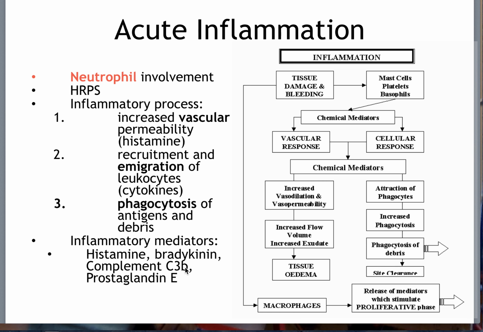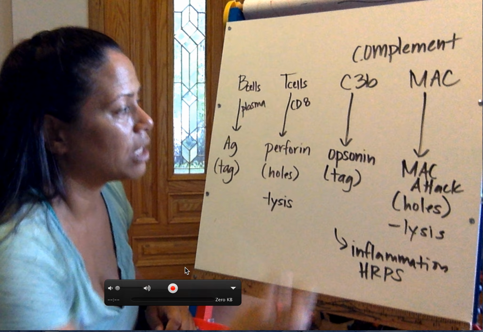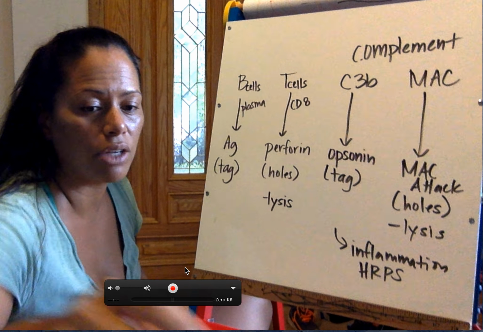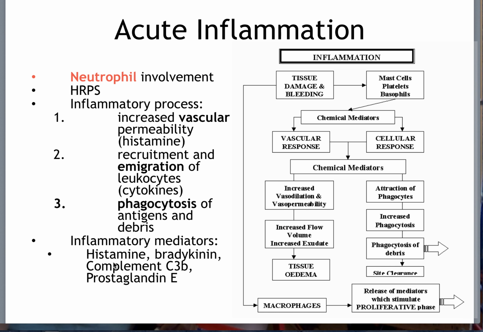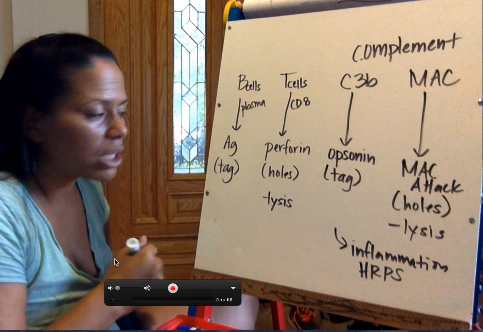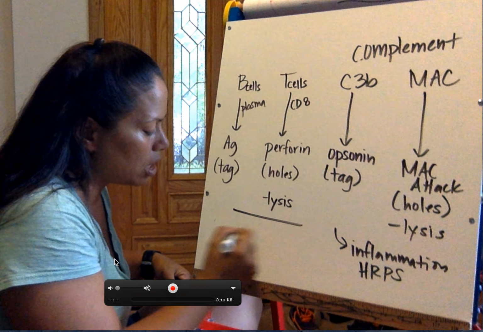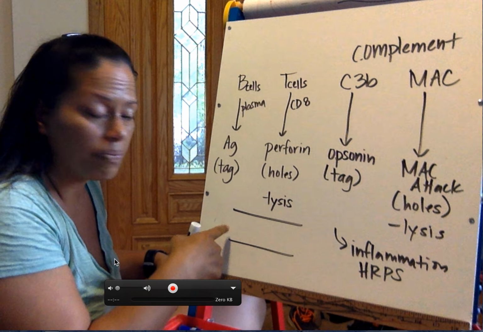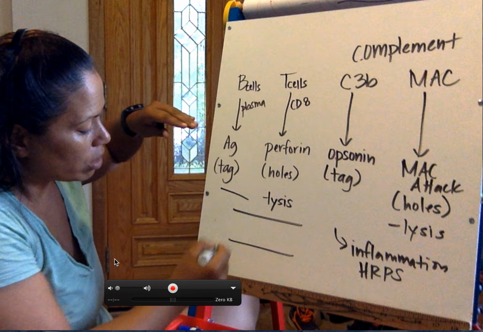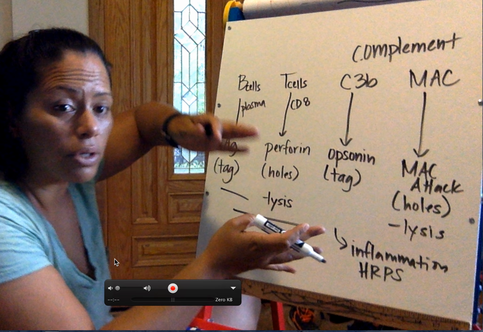Complement C3b. What is C3b? C3b is an opsonin, tag, you're it. Histamine, what does that do? It vasodilates, so it increases blood flow to the area, and it also increases permeability. So this is what permeability means. If I have a blood vessel and I make it wider, that means I have more blood flow to the area.